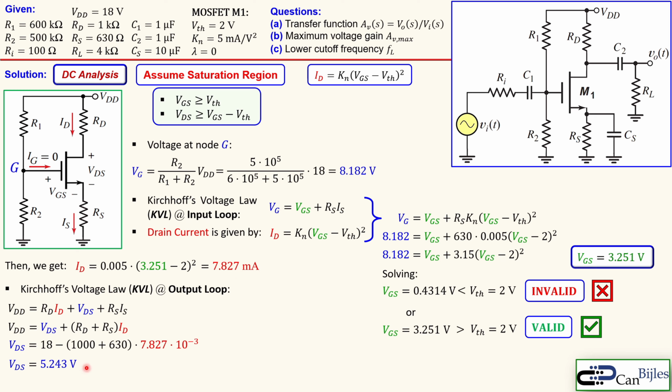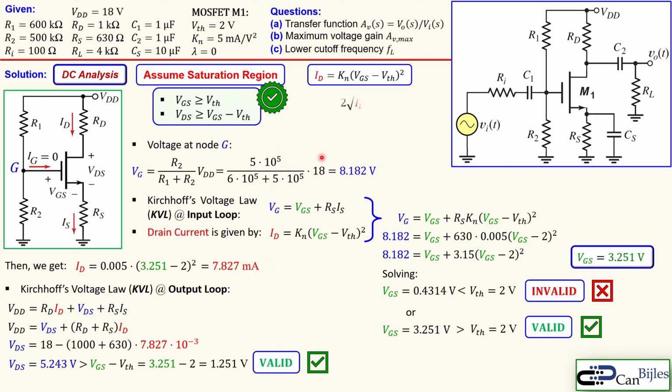Is this according to this condition? Let's check that. This should be larger than the VGS minus the threshold, which is 3.251 minus 2, which is 1.251. This one is definitely larger than that one. This is the limit, so we are way above that. So we can say this is also valid.